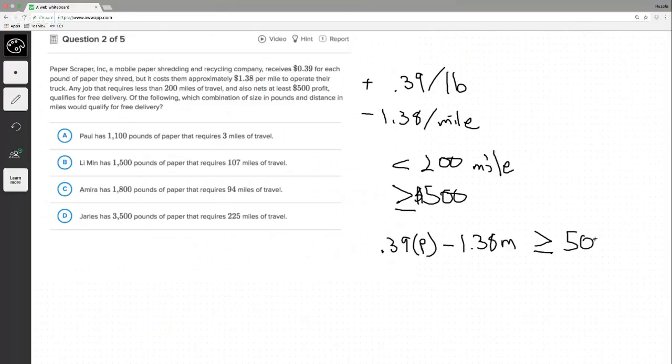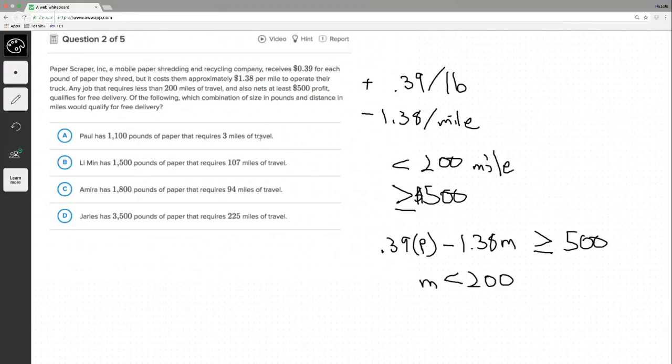So this is the inequality. If you actually want the system of inequalities, the second one is that the job has to require less than 200 miles, so our miles also has to be less than 200.